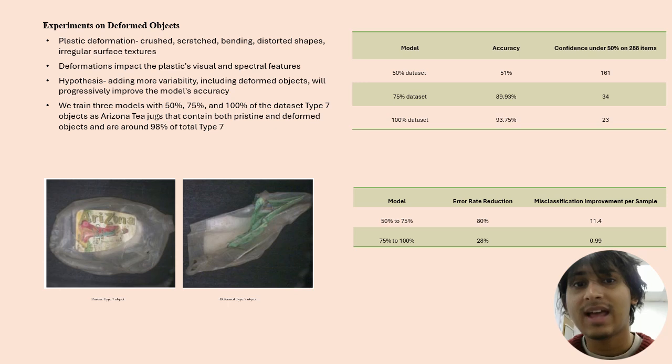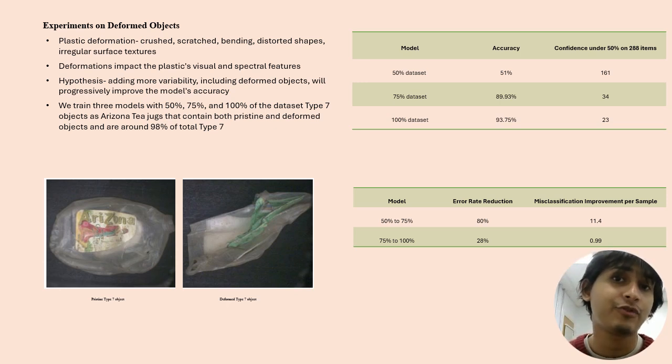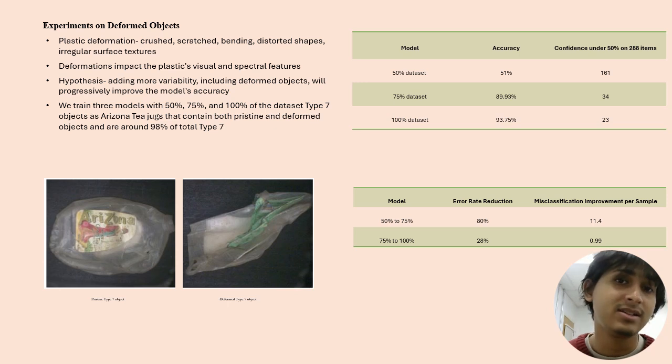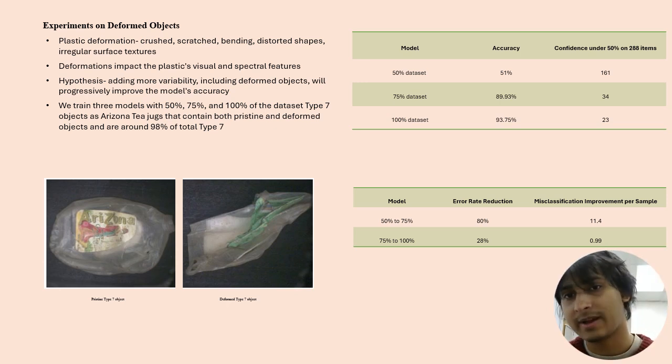This demonstrates a misclassification reduction of 11.4% from 50 to 75% dataset size, compared to only a 0.99% improvement from 75% to 100%. In conclusion, the diminishing returns observed between 75% and 100% dataset utilization highlight that the marginal gains do not justify the additional time, energy, and financial cost of further data expansion.